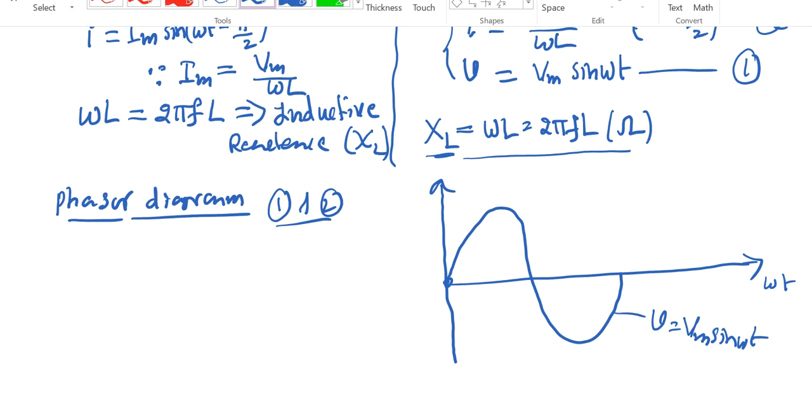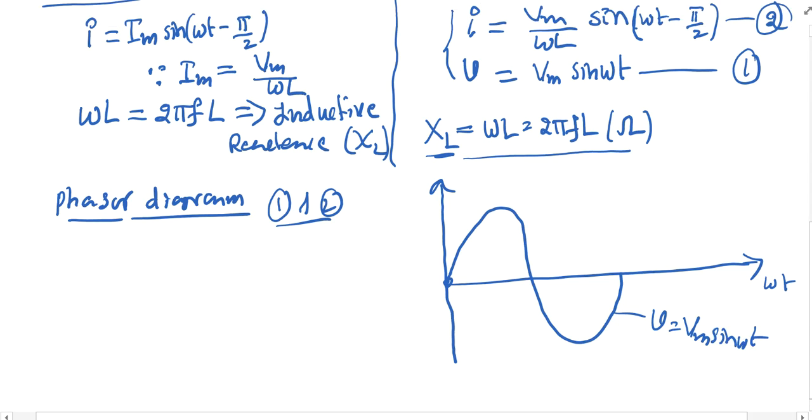The current is sin(omega t minus pi by 2). If this is 0, this is pi by 2, this is pi, this is 3 pi by 2 and this is 2 pi, then my current will start after 90 degrees. Omega t minus pi by 2 means the instantaneous current is a sine wave, but it starts late by 90 degrees.